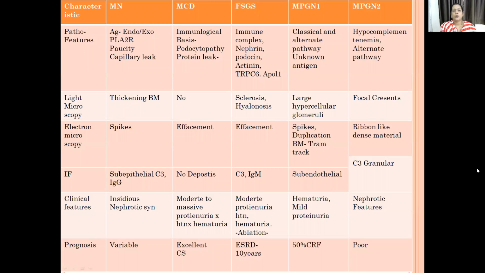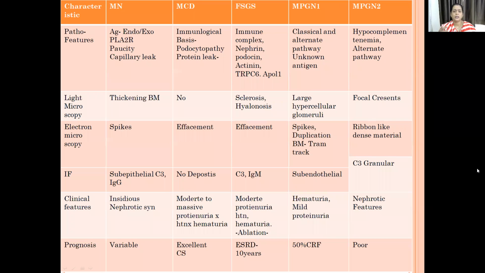Now coming to focal segmental glomerulosclerosis, usually there is moderate proteinuria, hypertension, hematuria. You must also remember that the FSGS has something called the renal ablation type, which is usually a systemic manifestation of FSGS as a result of a unilateral renal agenesis or as a result of reflux nephropathy.